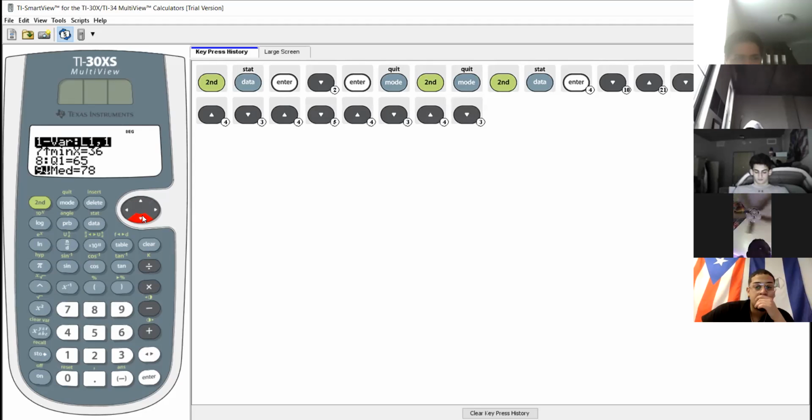From 65 to 78 is another 25%. And from 78 to 85 is another 25%, and that's 75%. So I can ask questions like that. Now, one of the ways to display a 5-number summary is with what's called a box plot.